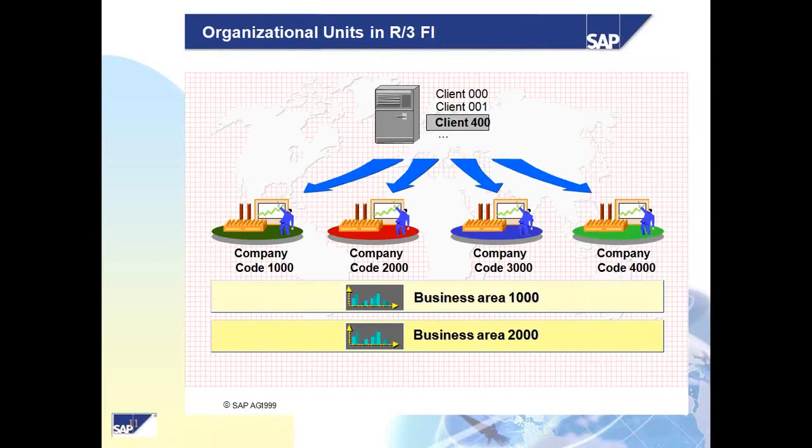But once you maintain the company code, we need to maintain certain data, because we need to draw the financial statement at the end of the fiscal year. So this is mandatory, and this is an optional unit within the SAP system.